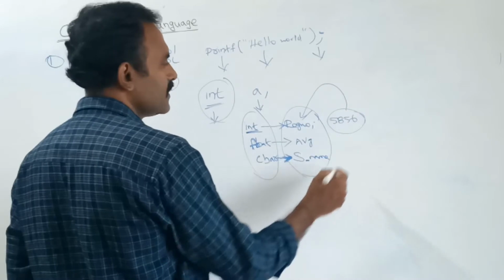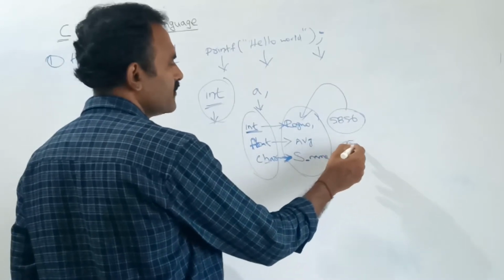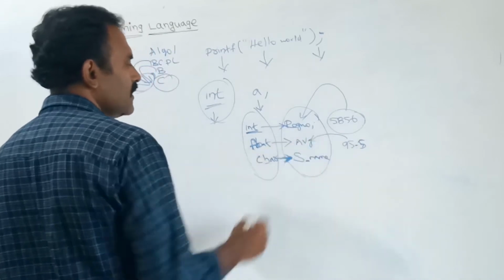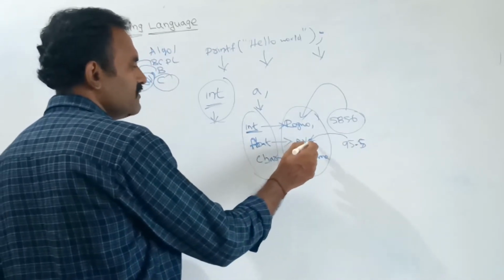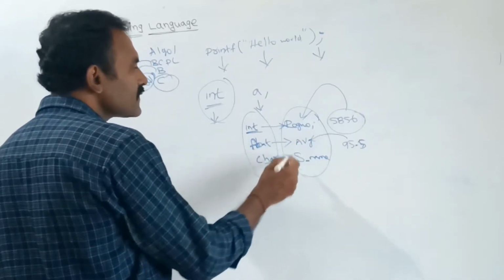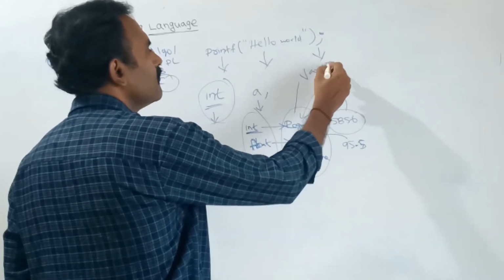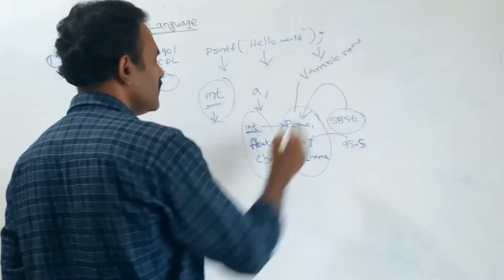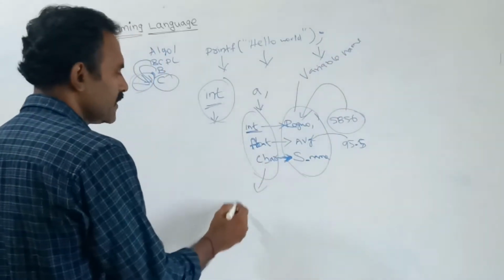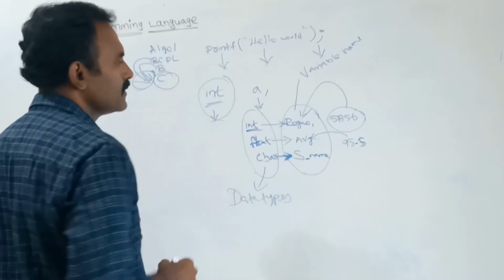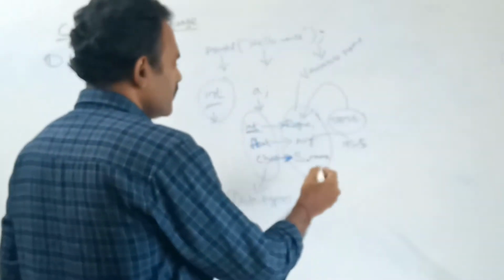Suppose average mark 95.5, here I can store it in the avg variable. This is the variable name. These are the data types.